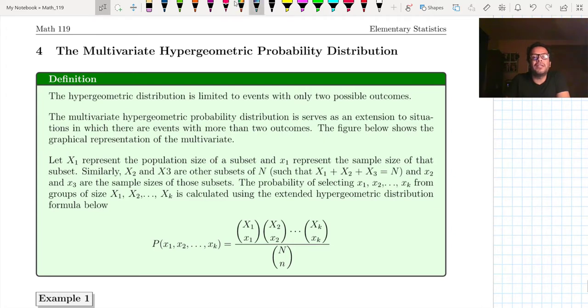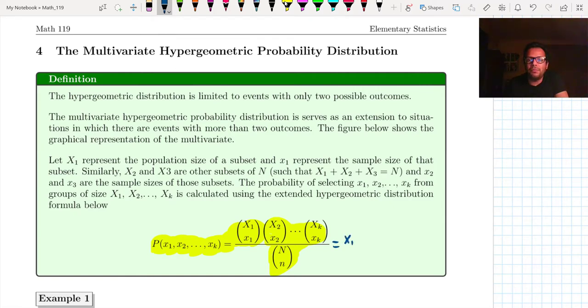It's going to be given in terms of combinations, you know, the choose. So for example, let me write this down in terms of combinations.